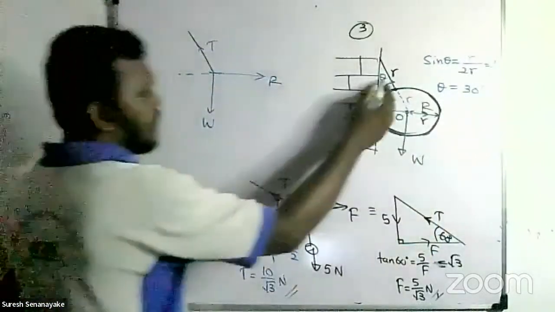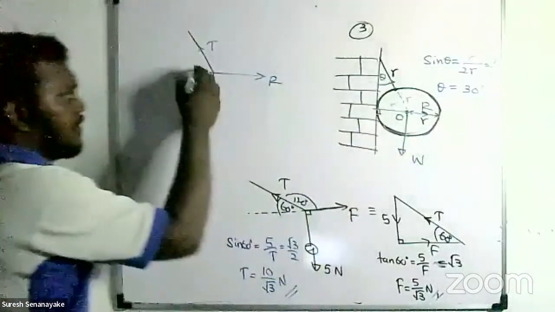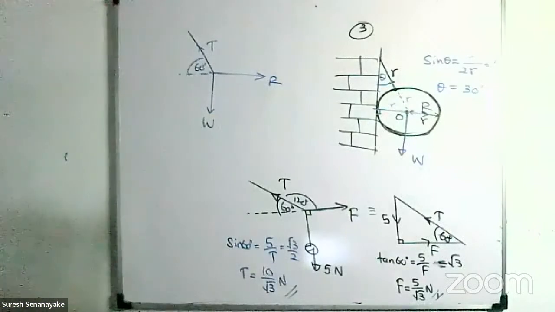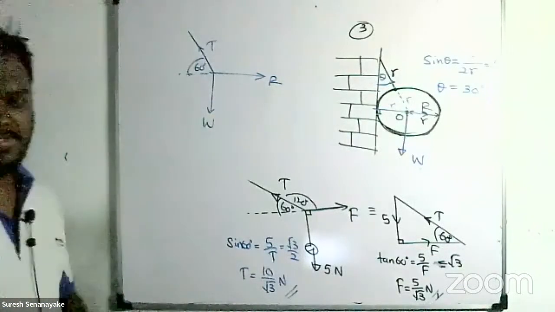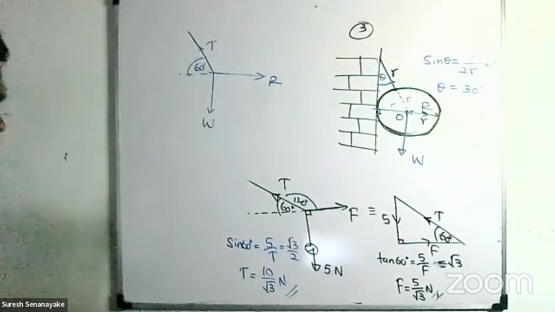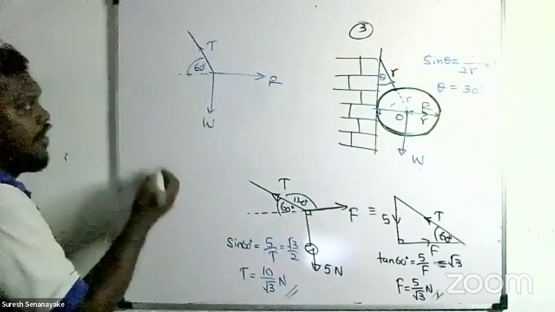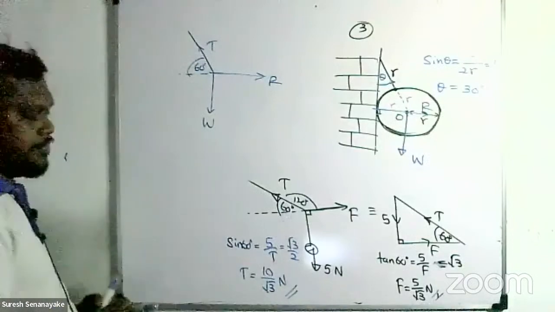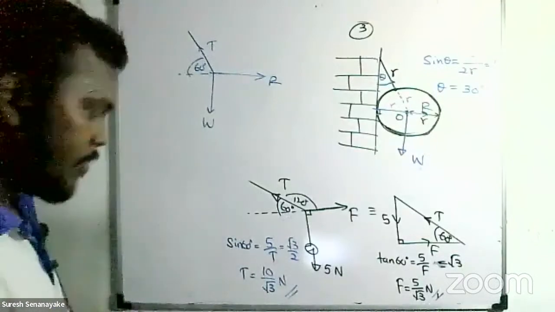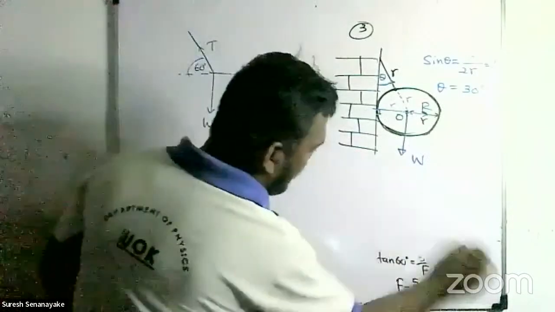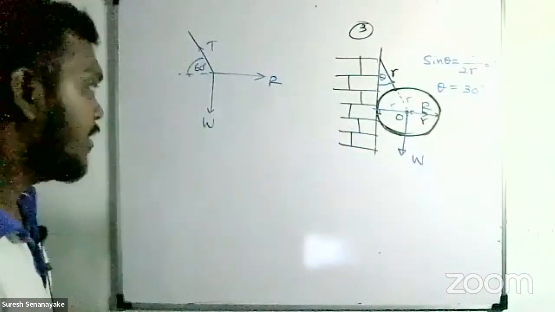Then if this is 30 degrees, this angle is 60 degrees. So you can make it similar to this triangle.